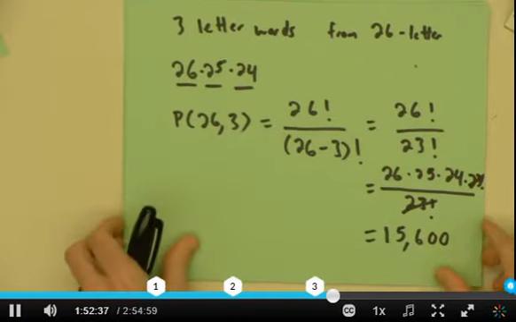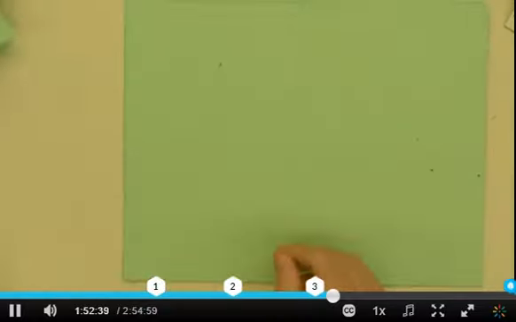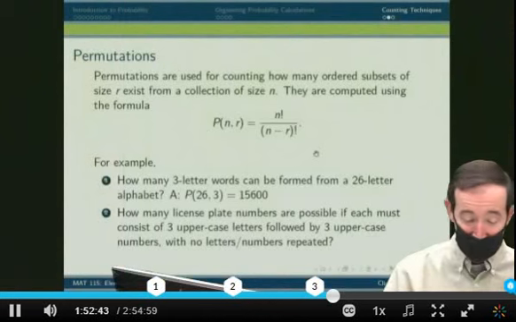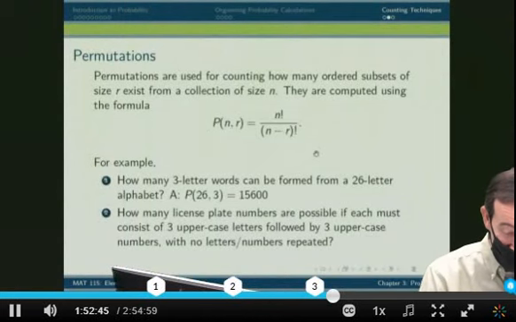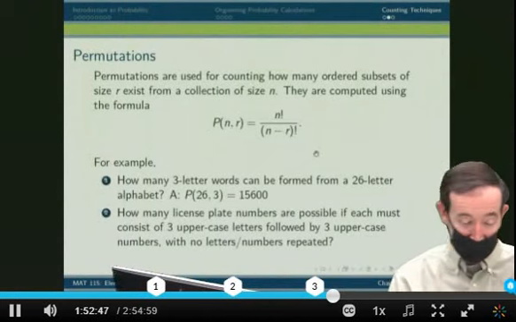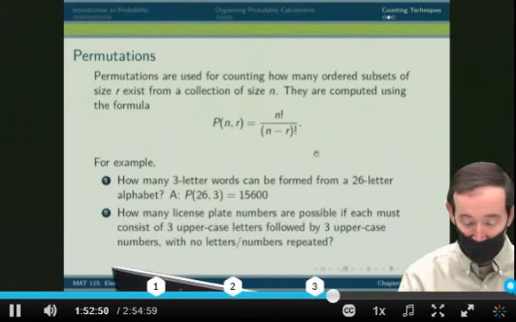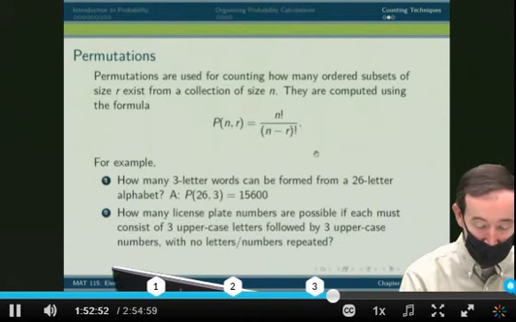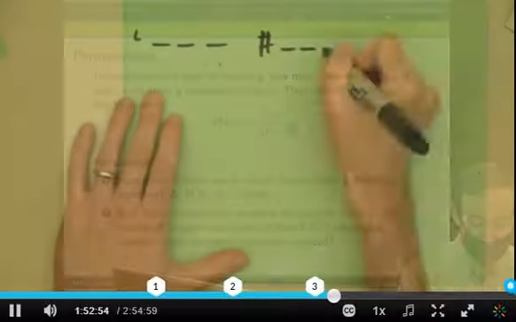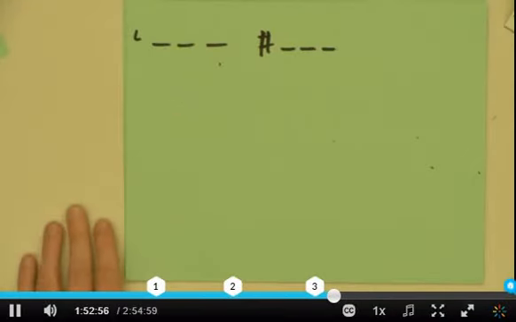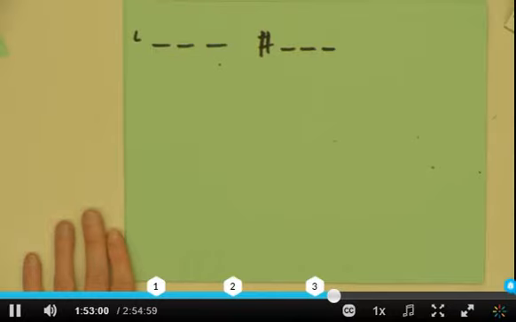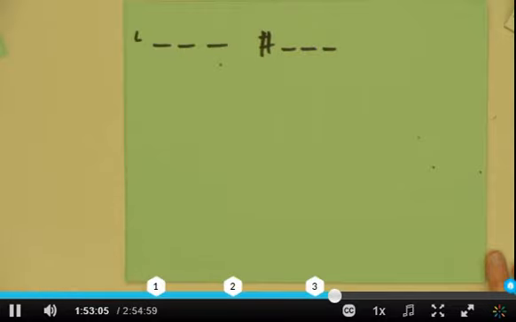Well, let's try the second question. How many license plate numbers are possible if the license plate has to consist of 3 uppercase letters, followed by 3 what I called uppercase, but just numbers. And I don't want any letters or numbers to be repeated. Well, let's go through this.